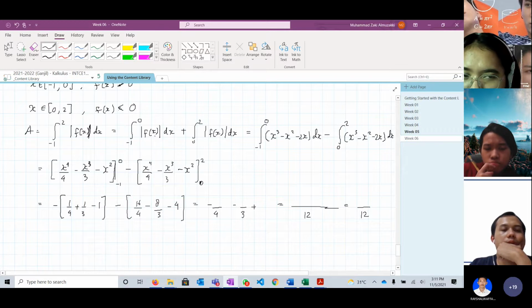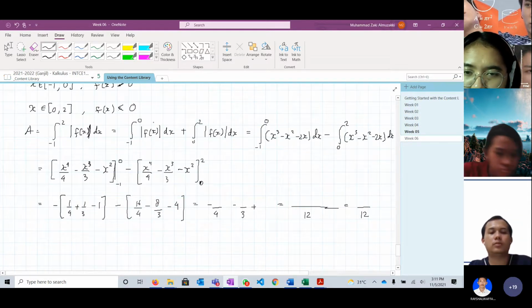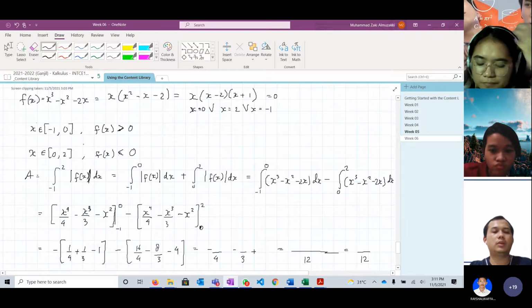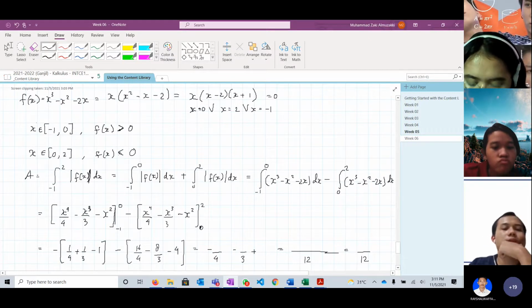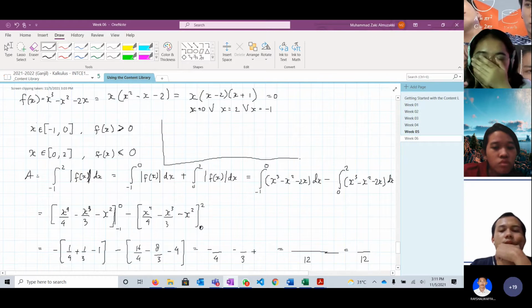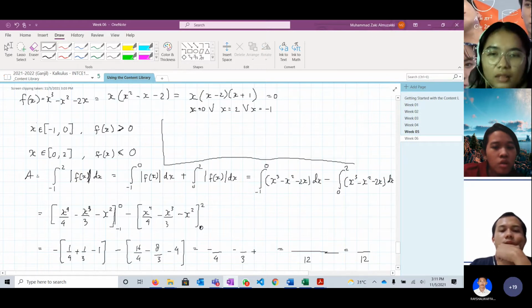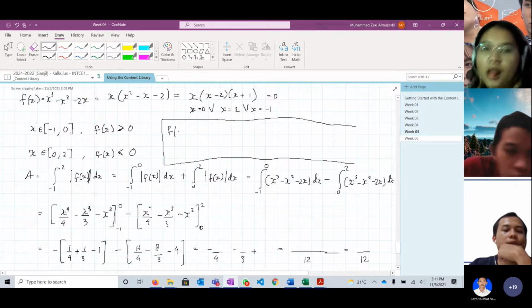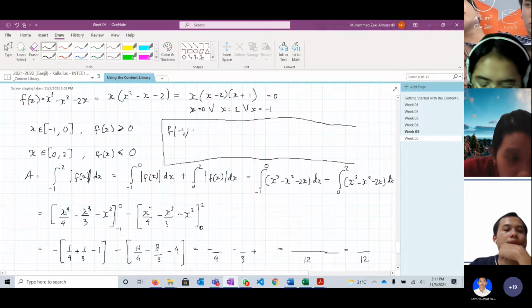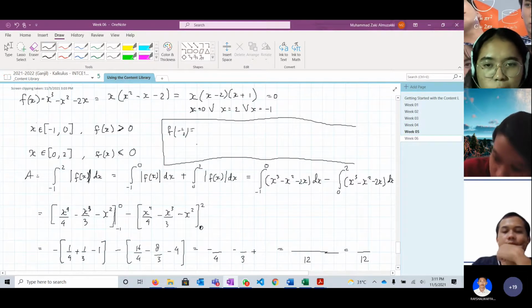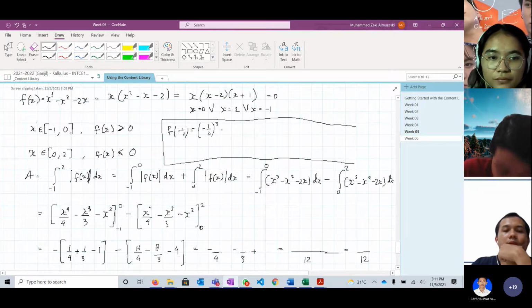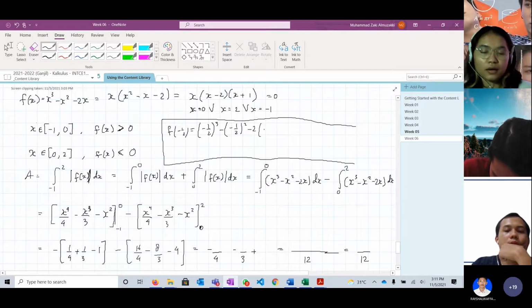From -1 to 2, we split into -1 to 0. Why? Because of the value from -1 to 0, let's just test it. So f of -1/2 is actually (-1/2) cubed minus (1/2) squared minus 2 times -1/2.